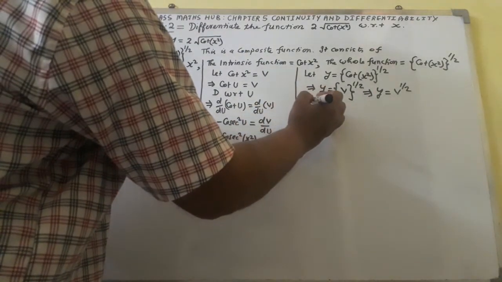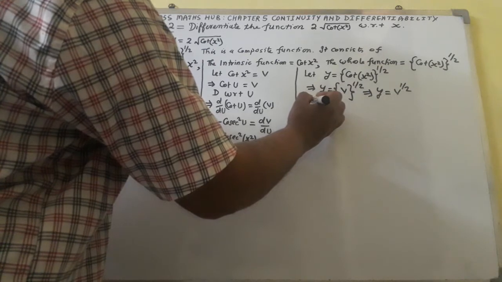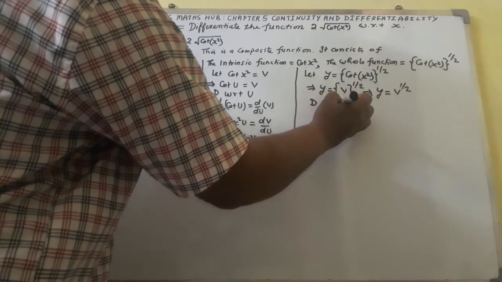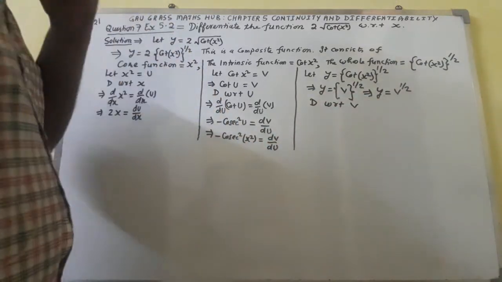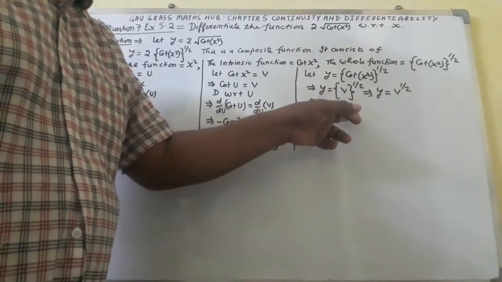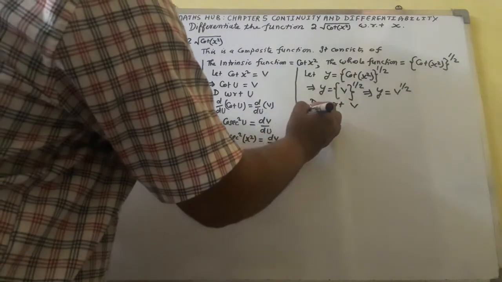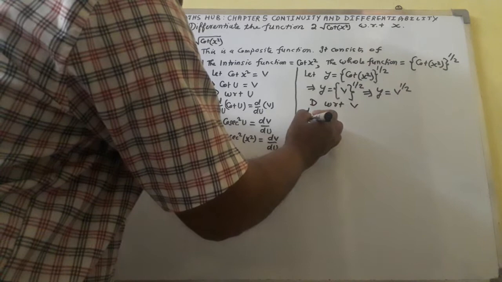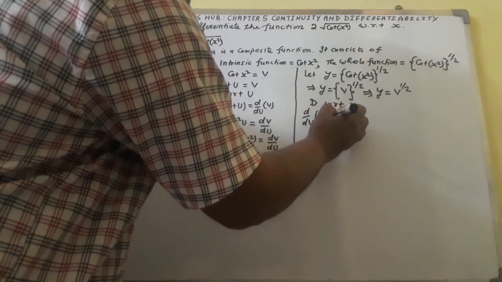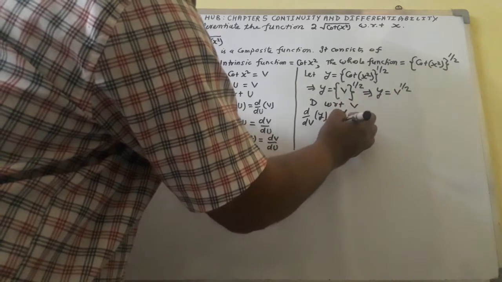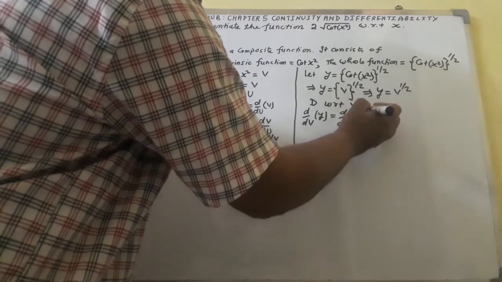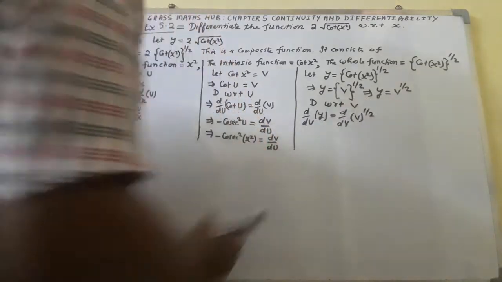Now differentiating with respect to v, you will get d over dv of y equal to d over dv of v raised to power 1 over 2.